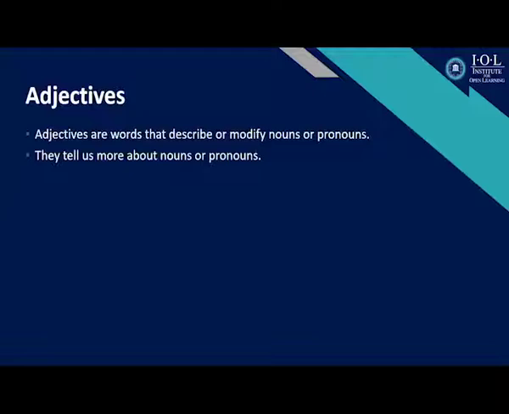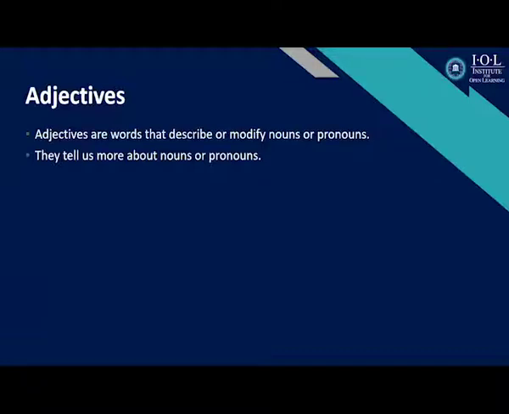Okay, moving on. We're going to look at the part of speech which we call adjectives. Before we go into details on the different types of adjectives, let's first understand the function of an adjective. We have different parts of speech in the English language, and each of these parts of speech has a function when it comes to sentence construction.